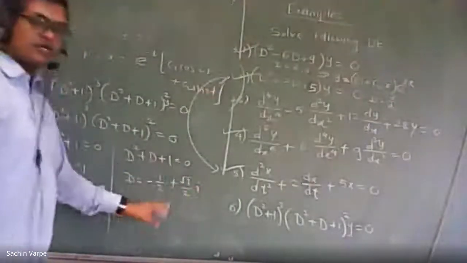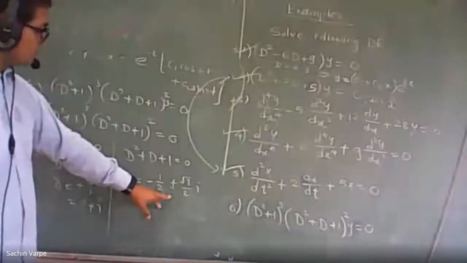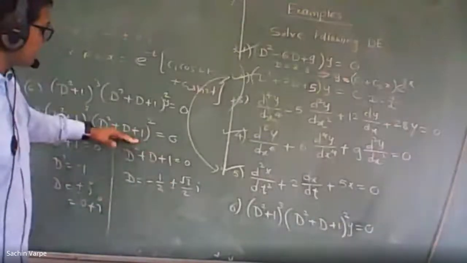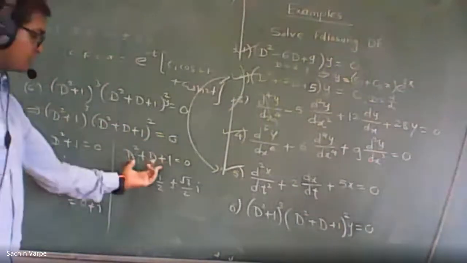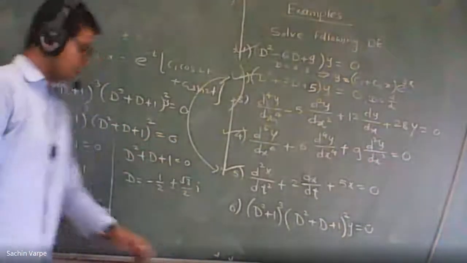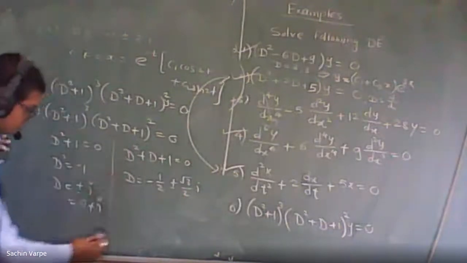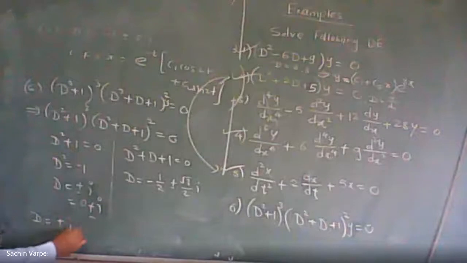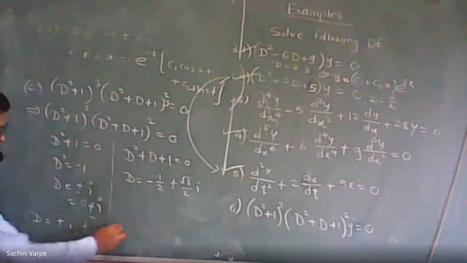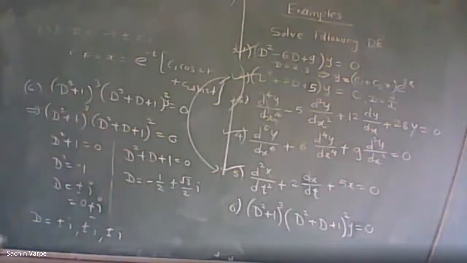Please ask if any doubt in the roots obtained by this factor. You can get the roots by synthetic division, by the quadratic formula, or by calculator. So D equal to plus minus i, plus minus i, plus minus i, because the factor is repeated thrice.